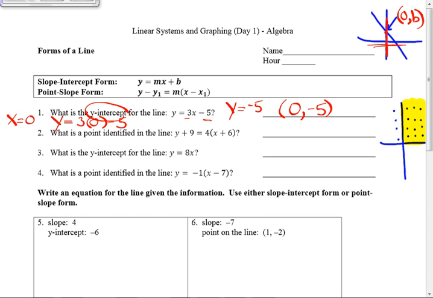Now, the next one is in point slope form. And I need to write it like this. That's tricky, but you want the trick to be able to write it like that? To make it really easy? The point that this line goes through isn't a positive 9 and isn't a positive 6. It's the number that would make this 0.